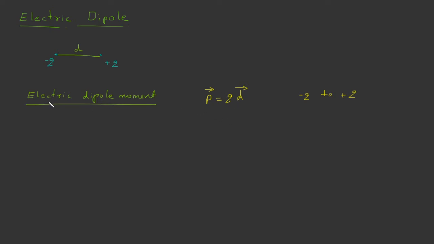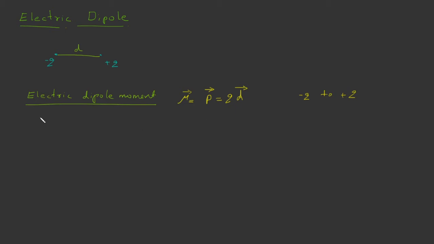Therefore, the direction of electric dipole moment is also from minus q to plus q. In chemistry, this electric dipole moment is mostly denoted with the letter mu. So I can write mu is equal to q into d.